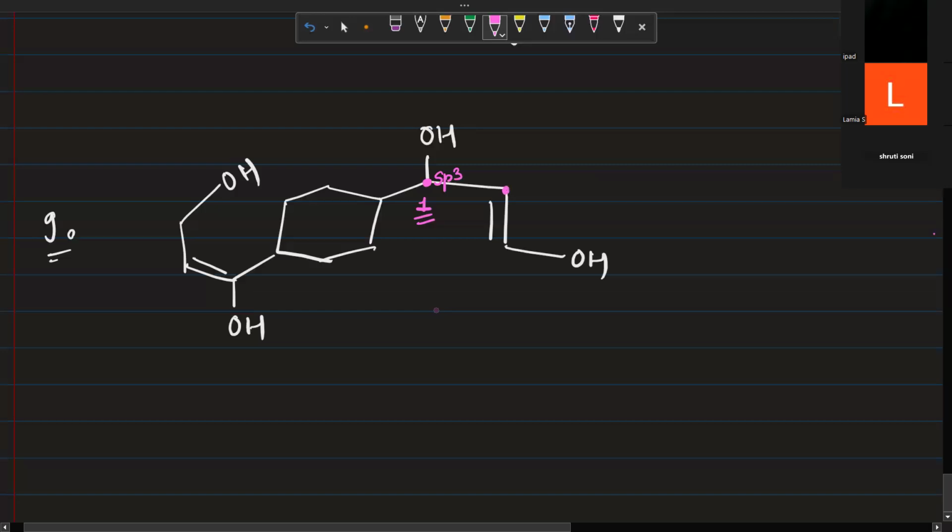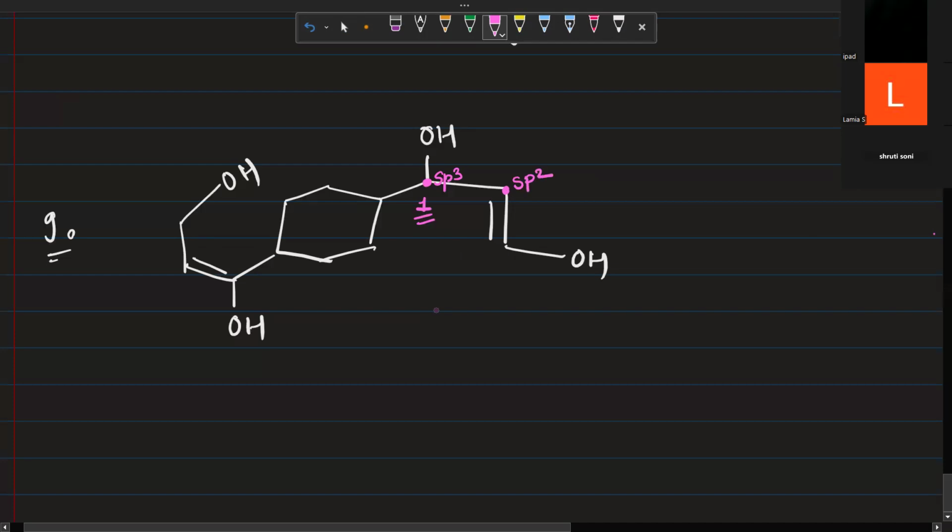And this one, I think that's also sp3. Think again. sp2. Sorry. Yeah, because it has a double bond.